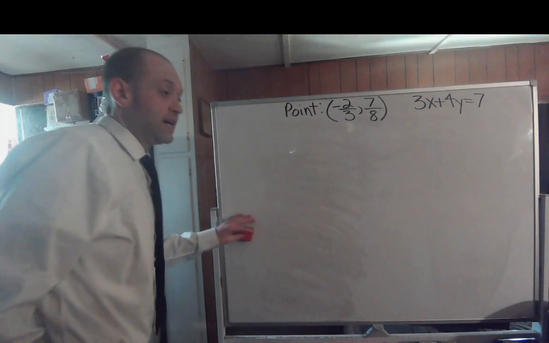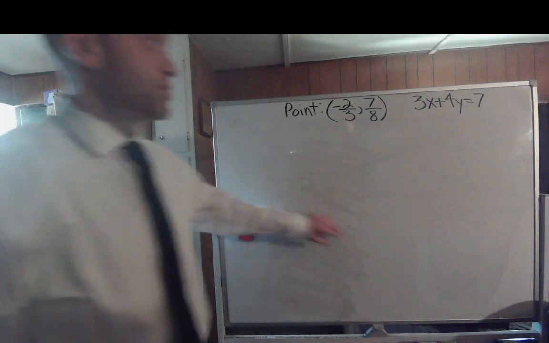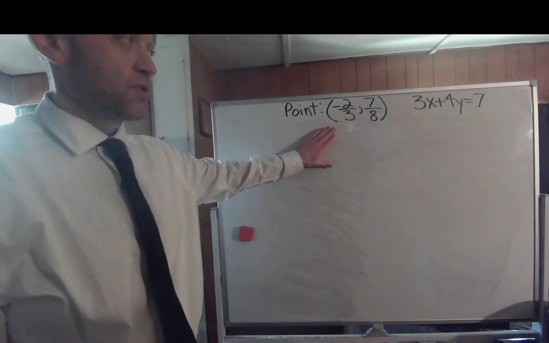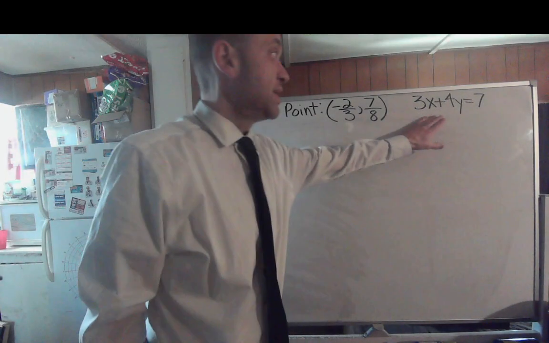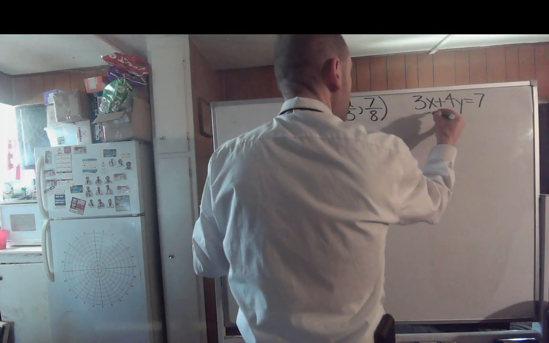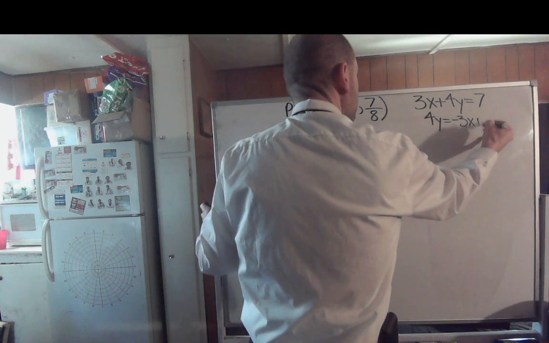We want to find first a line parallel to 3x plus 4y equals 7 running through the point negative 2/3, 7/8. First we need to determine the slope of this 3x plus 4y equals 7. So get the y by itself. So 4y would equal negative 3x plus 7.